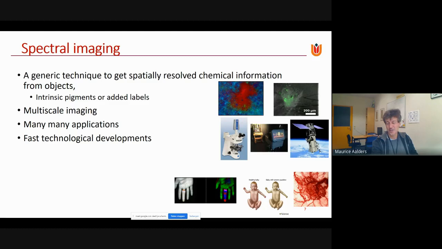So this child has to be watched very carefully for bilirubin, and bilirubin, fortunately, has very distinct absorption peaks. So if you do hyperspectral imaging of this little baby, you can measure the absorption, you can find the bilirubin, and then you can do an intervention. That's basically by putting the baby under the blue lights, because that will break down the bilirubin.